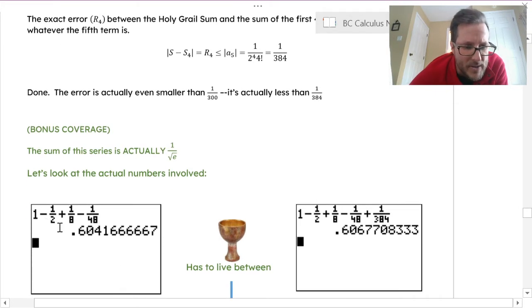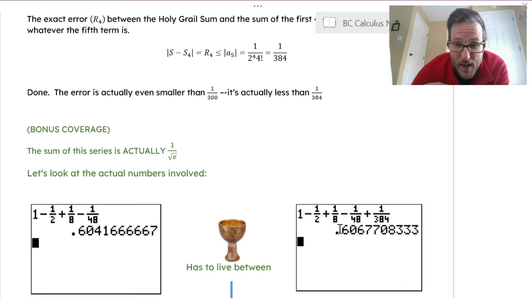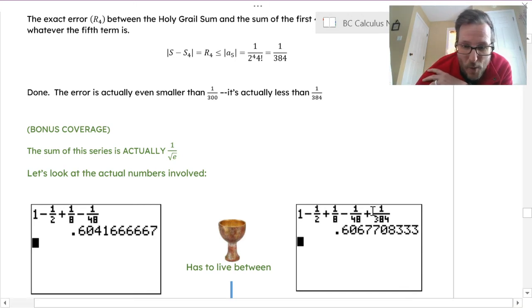Here is the sum of the first 4 terms, which you might remember was 1 minus a half plus an eighth minus 1 over 48. Well, that was 0.604, and so on. Then if I add one more term, remember, jumping back and forth, the 1 over 384, I get 0.60677, and so on.